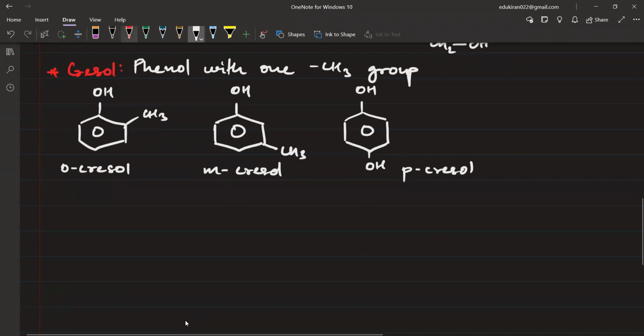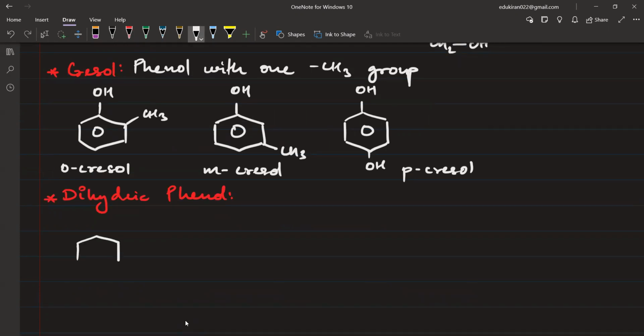Okay, similarly, you have to remember a few more molecules. Some dihydric phenols. If both the OH groups are in the ortho position, it is known as catechol.